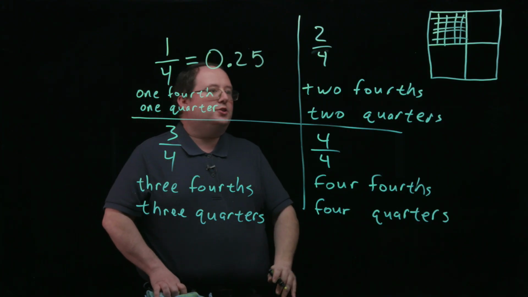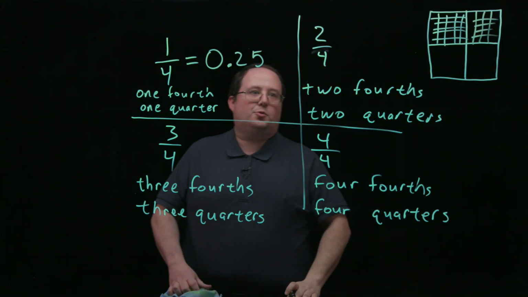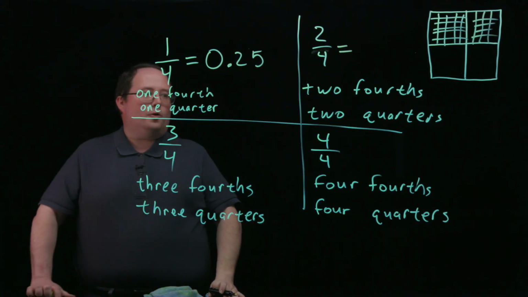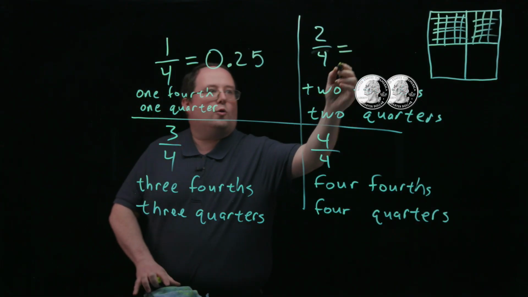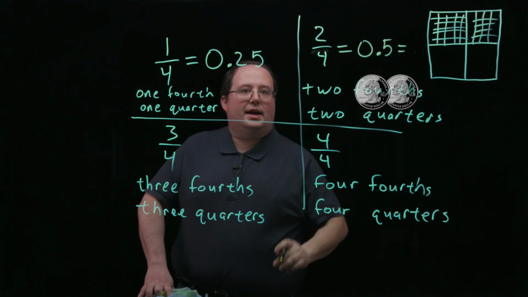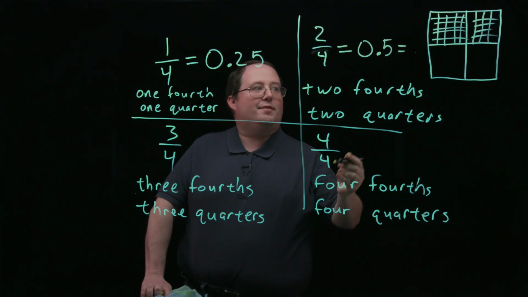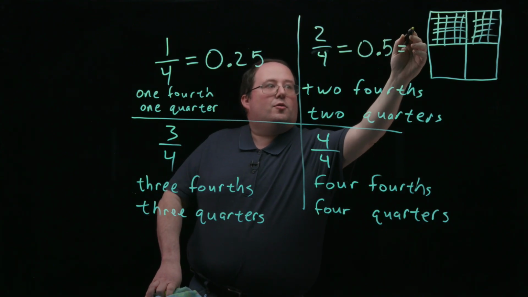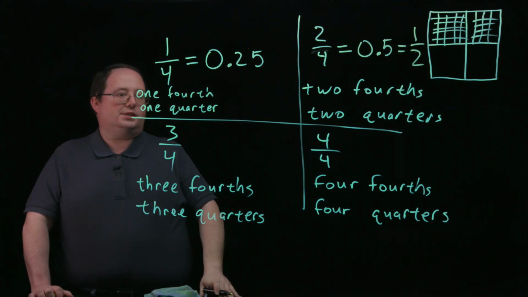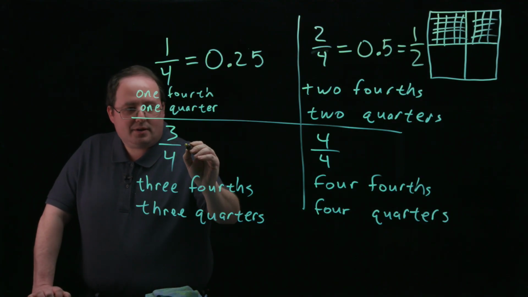And with the 2/4, so now we'll shade in our next one, and 2/4 is 50 cents. And as Brenna pointed out earlier, 50 cents could also be represented by 0.5. And looking back at our picture, we see that we have half of that picture shaded, so we see that 2/4 is 1/2.